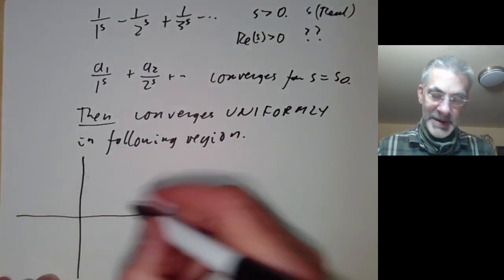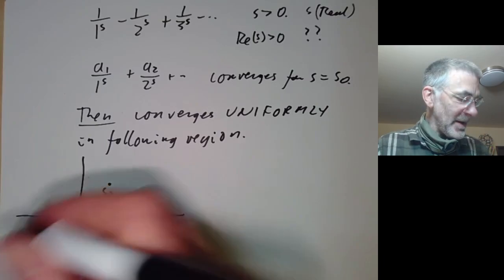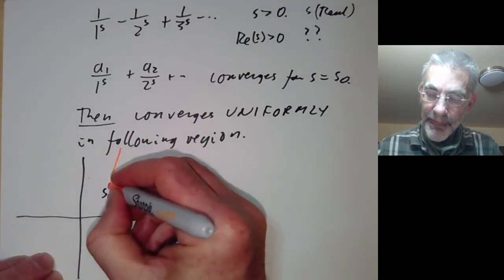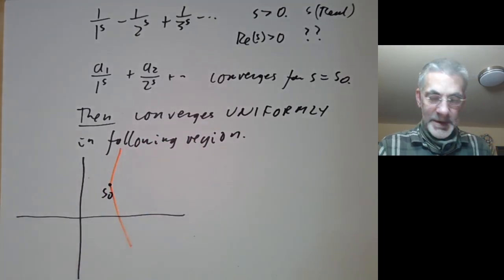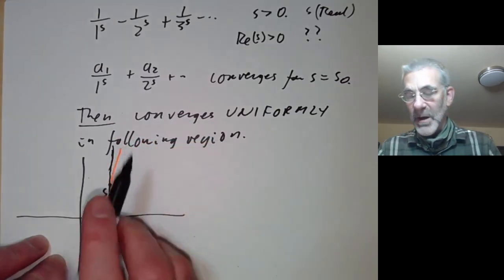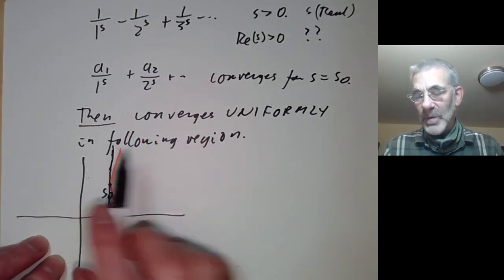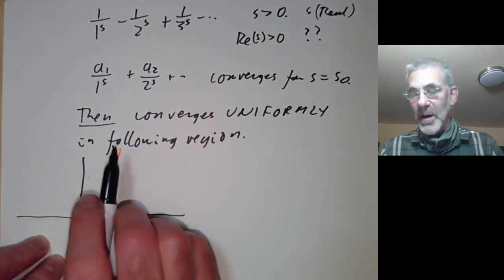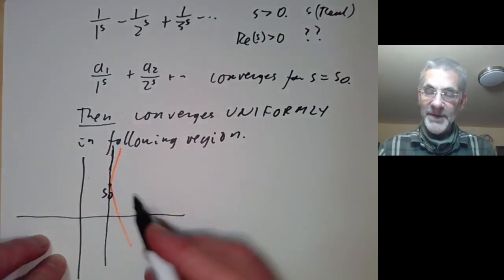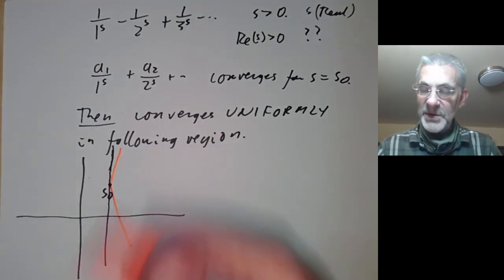What we do is we take the point s0, and we form a sort of sector. So here's the vertical line, and we have a straight line which is slightly to the right of being vertical down here and slightly to the left of being vertical down here. So we have a sort of wedge.